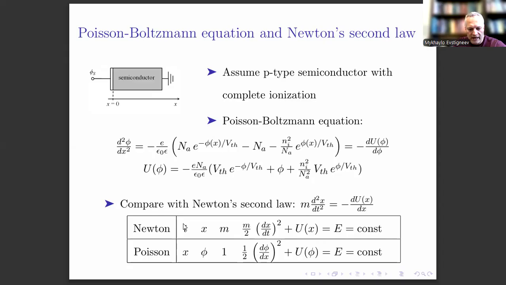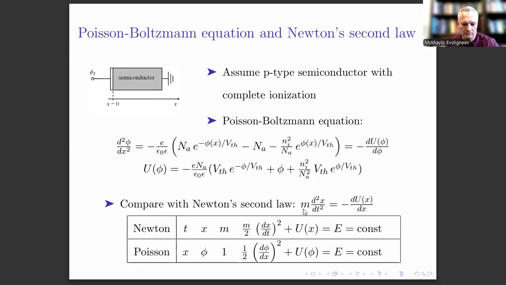What is called time in Newton's second law, t, is the coordinate x in the Poisson-Boltzmann equation. So t in Newton corresponds to x in the Poisson equation. The coordinate x in Newton's second law, the coordinate of our particle, corresponds to the local value of the potential phi.